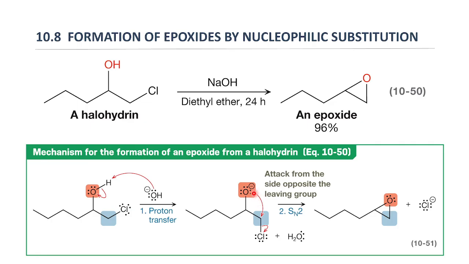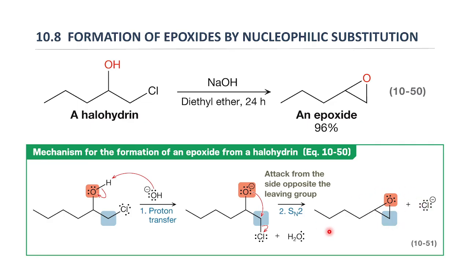This is going to be an SN2 reaction that happens intramolecularly within the molecule, so it's kind of an interesting case. This pulls the electrons over into a bond here. This is going to form that epoxide, and then the chloride is going to leave with the electron density, and that's quite stable as a negative ion.